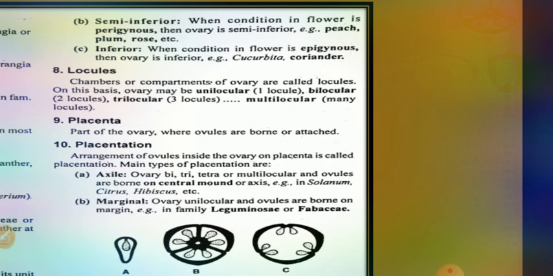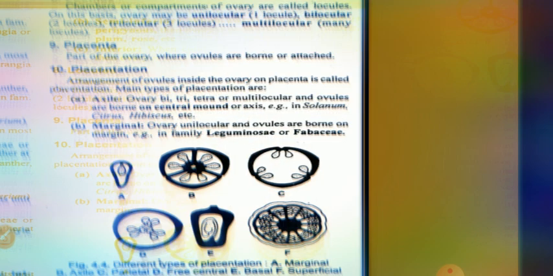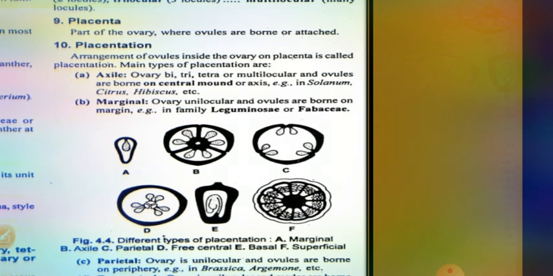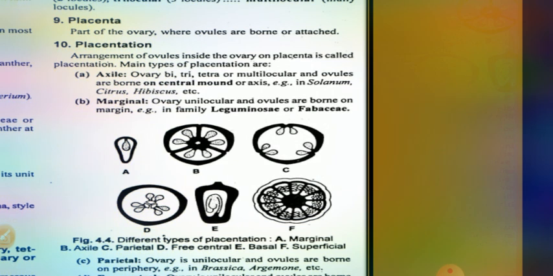Placentation means the arrangement of the ovules inside the ovary on the placenta, and it is of various types. The main types are axial, marginal, parietal, free central, basal, and superficial.